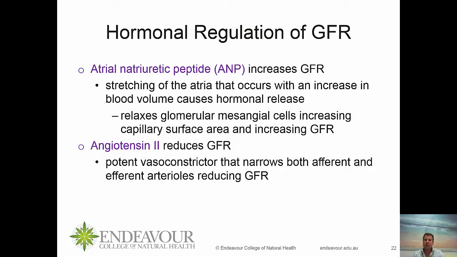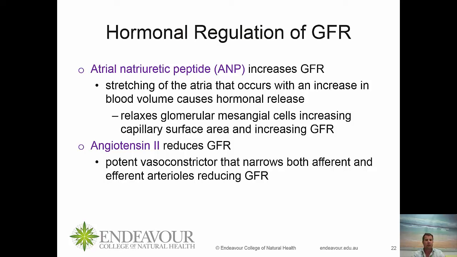The atria produce ANP in response to being stretched. That stretch happens when our blood volume increases and increases, and it stretches the atria. The atria release ANP, and that increases GFR, because increasing GFR will allow more water to be filtered through into the nephrons, and we'll get rid of excess water that way.